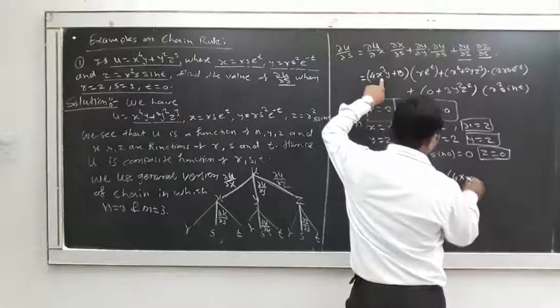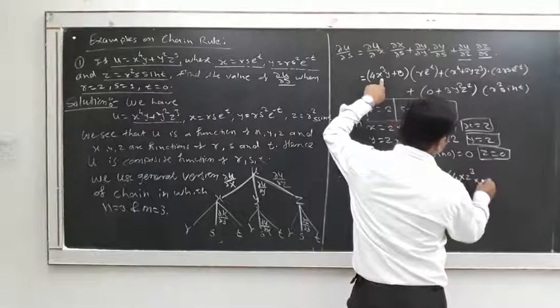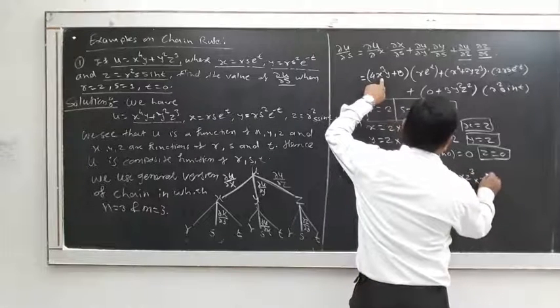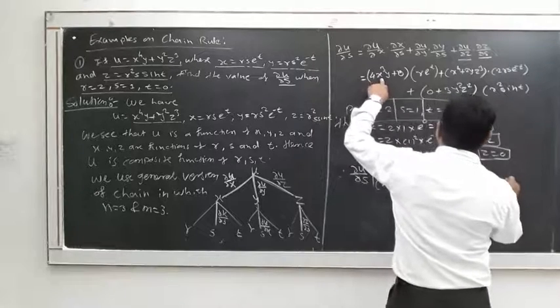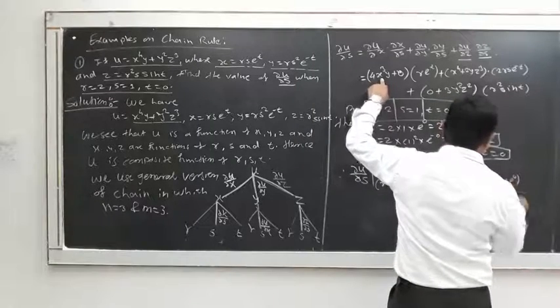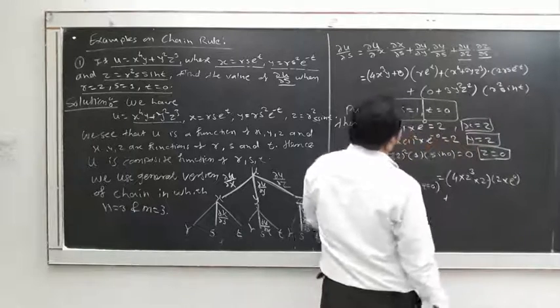4 into 2 cube into 2 into r, which is 2, into e raised to 0, plus the second term.